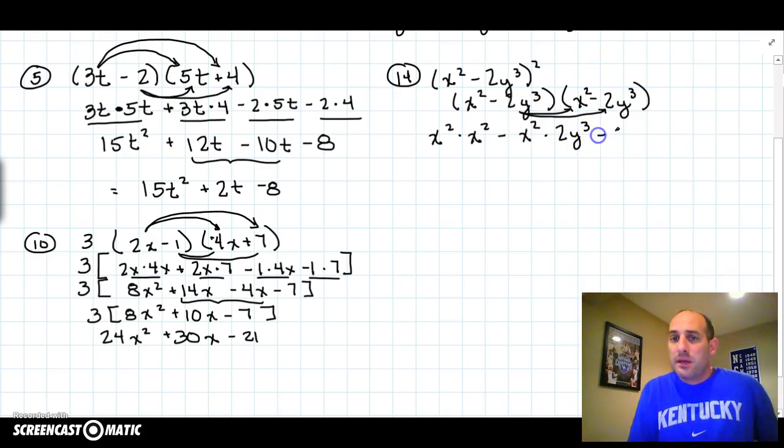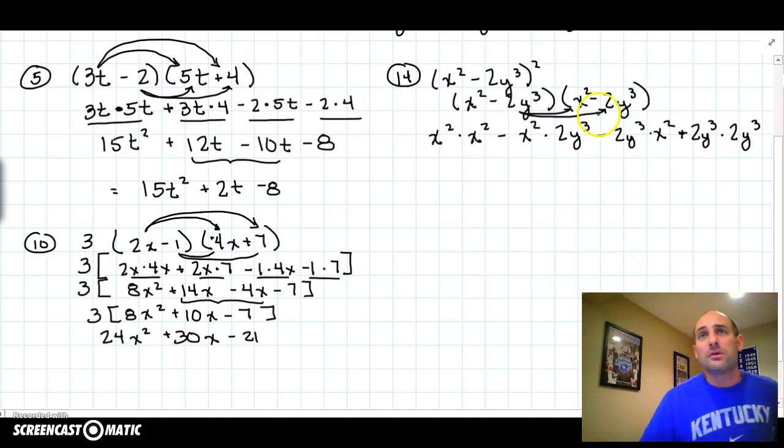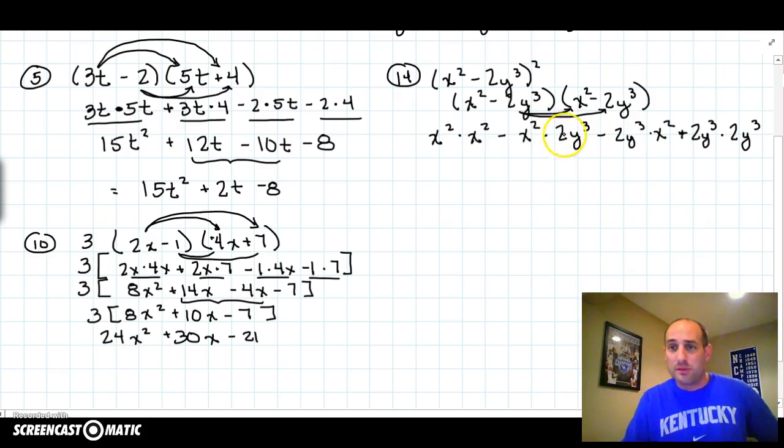So negative 2y cubed times x squared, and finally negative 2y cubed times negative 2y cubed. Since this is a negative 2 times a negative 2, I'm going to put a plus sign here so I don't get too confused with that later. I know when I do a negative 2y cubed and a negative 2y cubed, I'm going to get a positive 4. So anyway, I'm going to leave it as a plus sign right there.